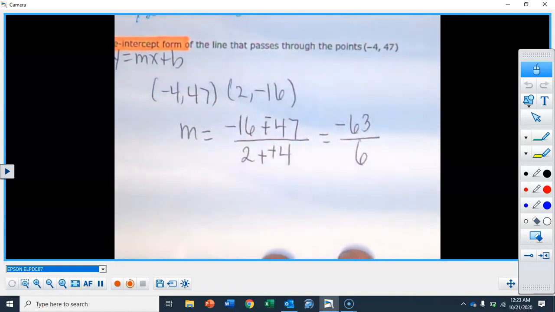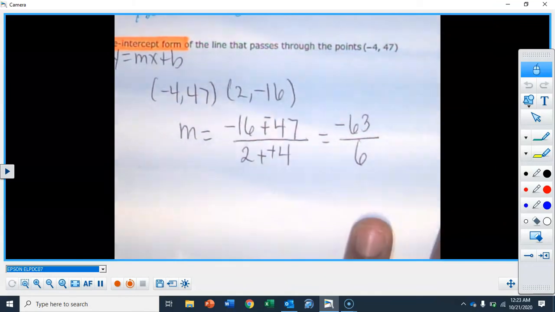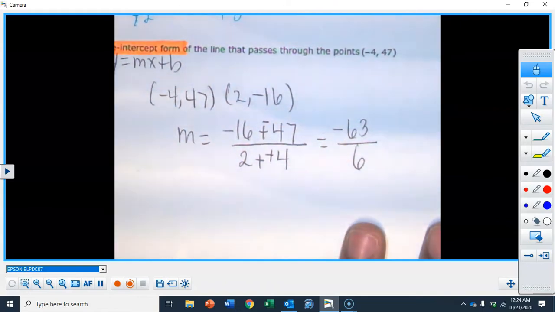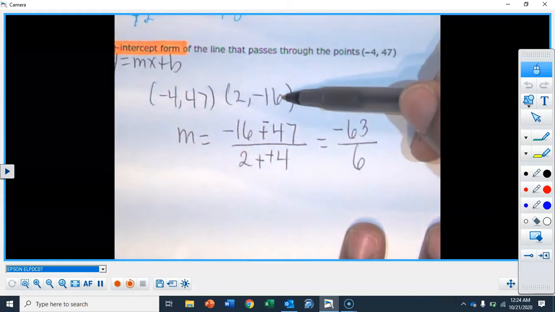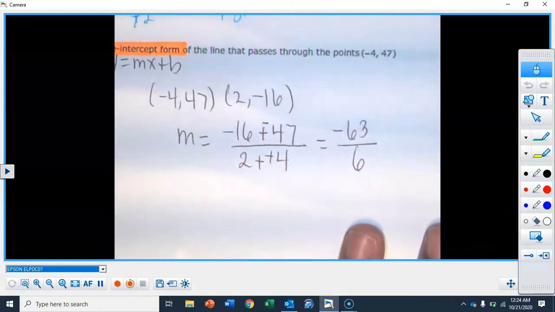So then the question becomes, how many times does 6 divide into 63? Well, did I do my math right? Let's see. Give me a second. 16 minus 47, yeah?